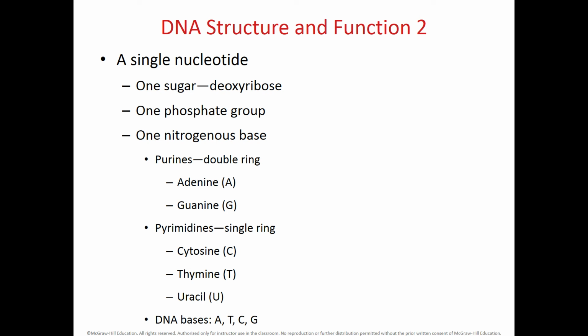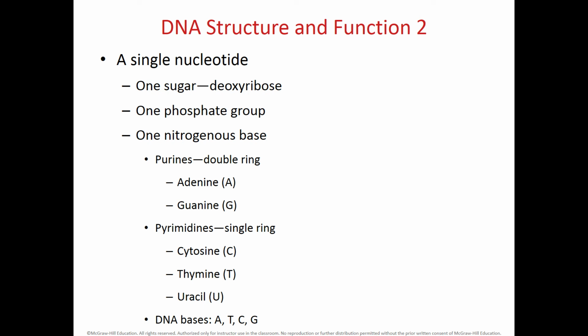Now the 2 purines that we have in DNA are adenine, abbreviated A, and guanine, abbreviated G. So these 2 are purines, or double ring nitrogenous bases.